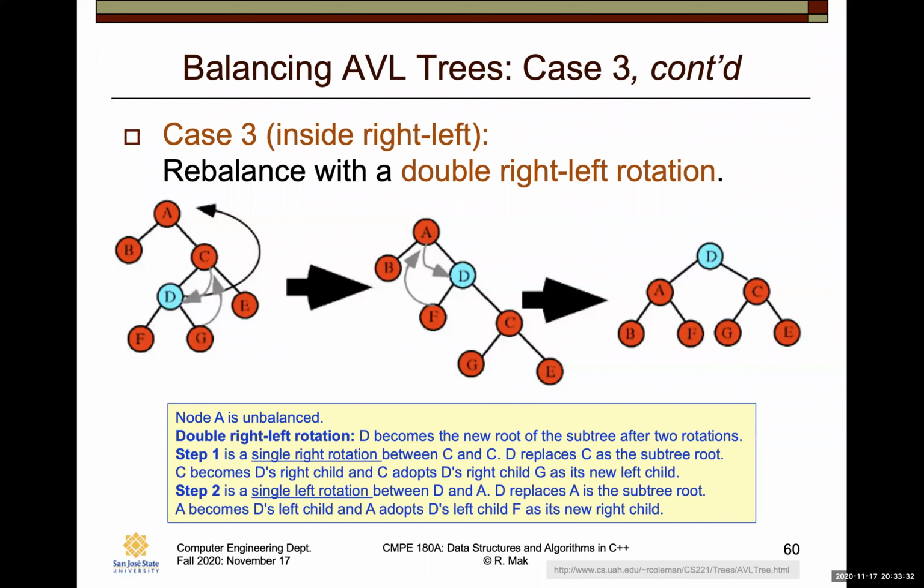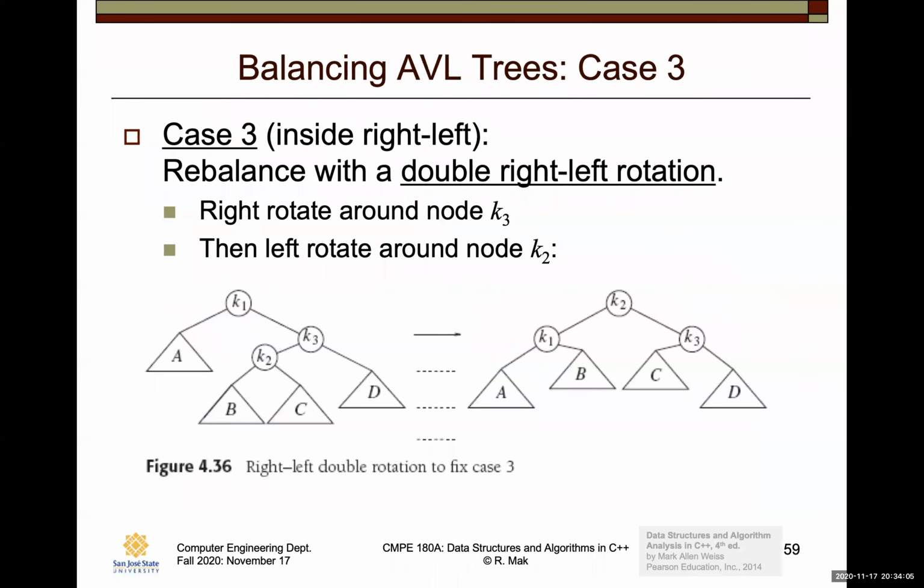Okay, so this is how we rebalance the tree. After we've done an insertion or after we've done a deletion, we have to check to see if the tree is still balanced. If the tree has become unbalanced, then we find the node that has become unbalanced, and then depending on whether it's case 1, 2, 3, or 4, we do single rotations if it's case 1 or 4, or double rotations if it's case 2 or 3.